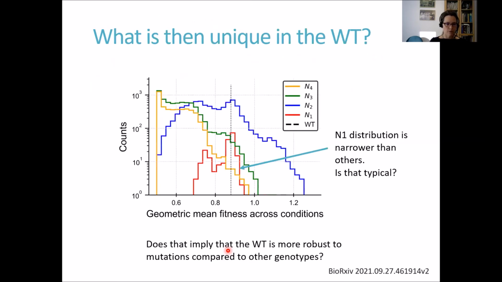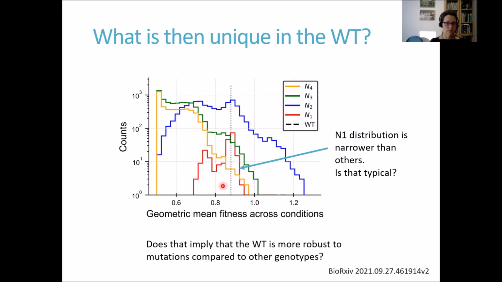So I'll go back to the previous slide, and now let's look at another interesting thing that we can see from it. This is the fitness distribution for the single, double, triple, etc. mutants. If you look closely, then the distribution of the single mutants, the red one, is much narrower compared to the double mutants, for example the blue one, and also to the other two.